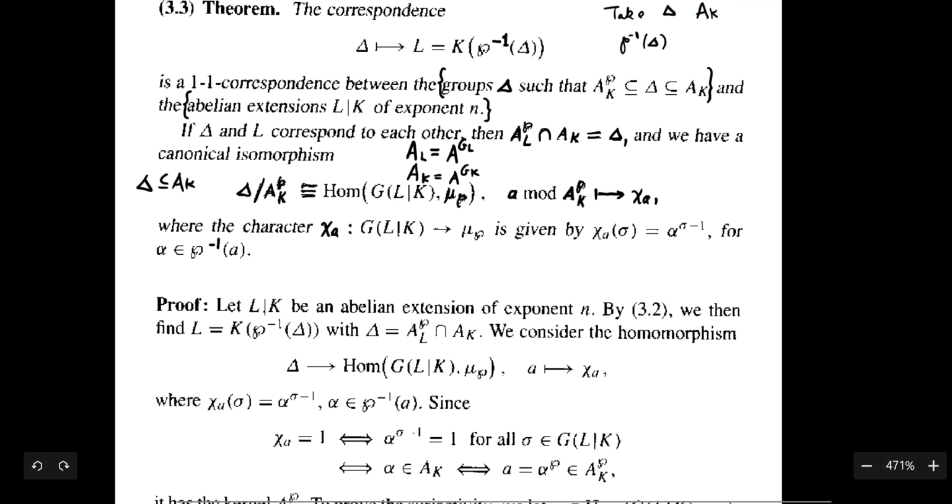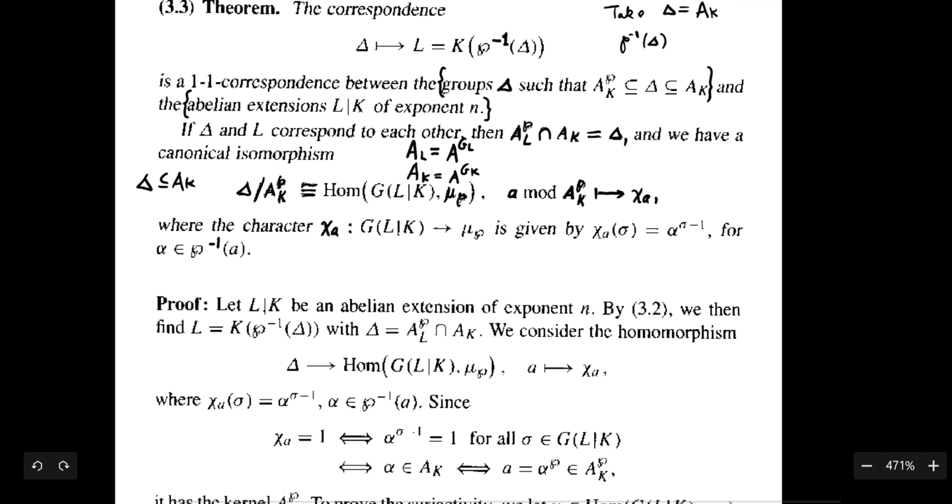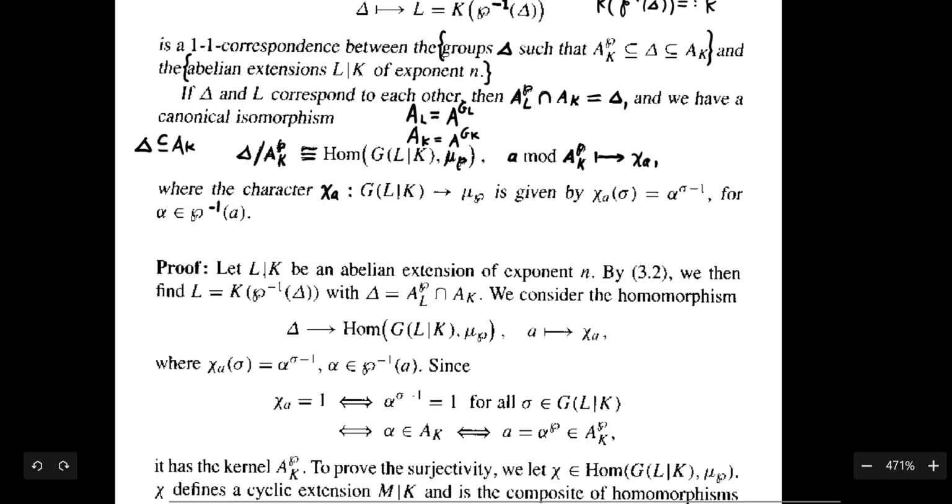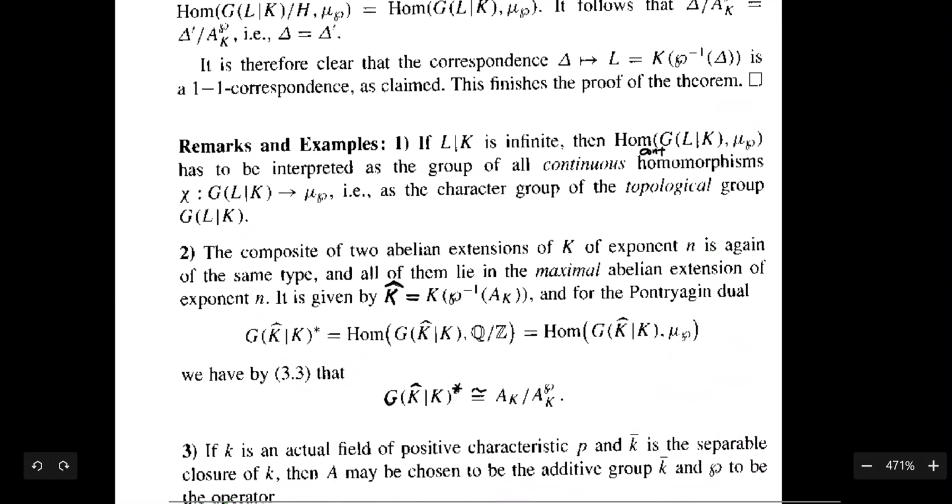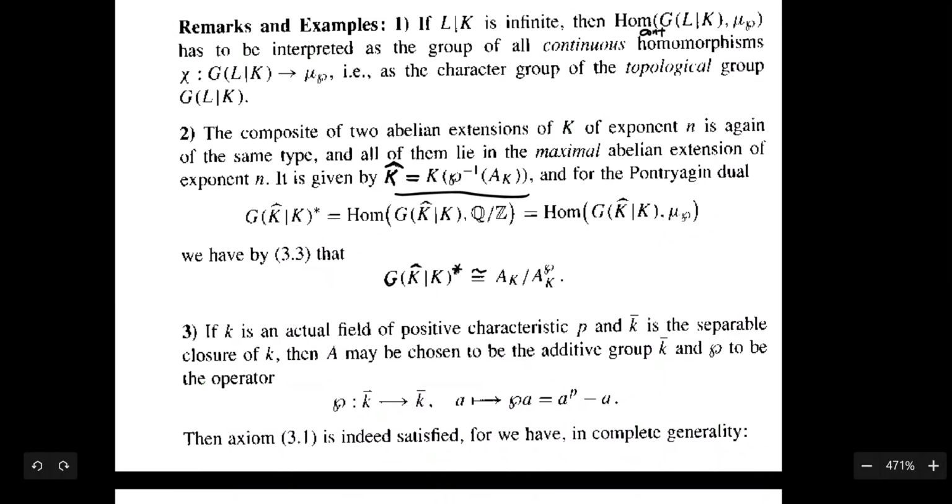We call this the maximal abelian extension of exponent n, right?